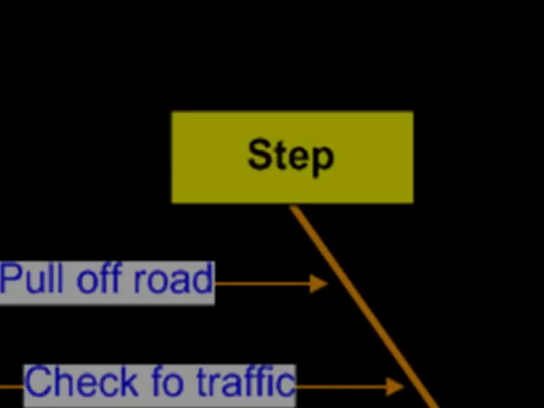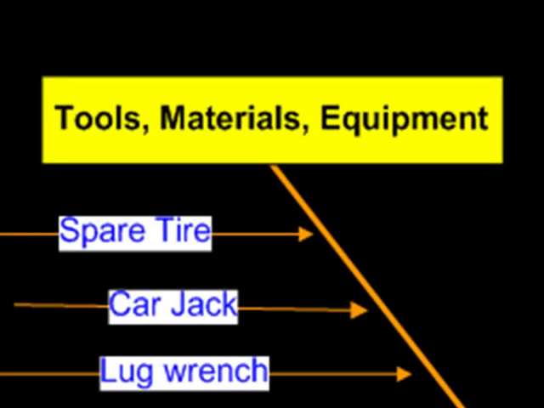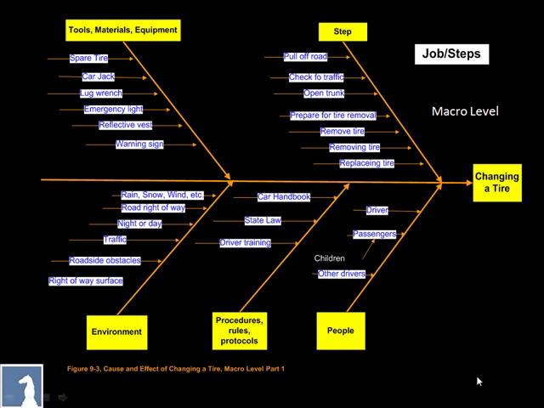There would be the basic steps, the tools, materials, and equipment, the environment in which you may be changing the tire, any rules, procedures, and protocols that are involved, and the people that might be involved or exposed to the changing of the tire.